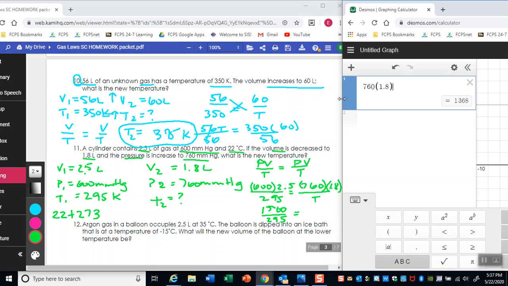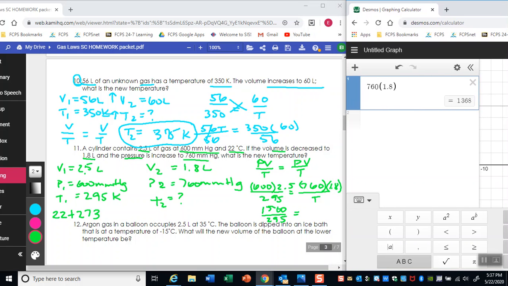Let me scoot this over. Okay, so that gives me 1368 over T. Okay, now I can cross multiply.